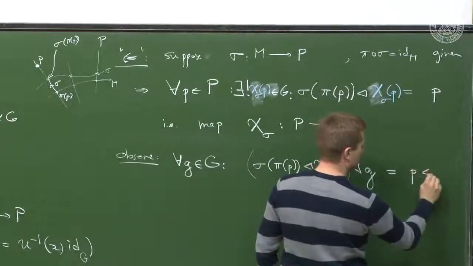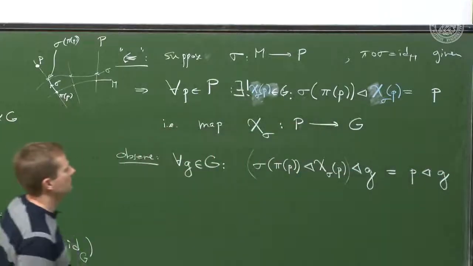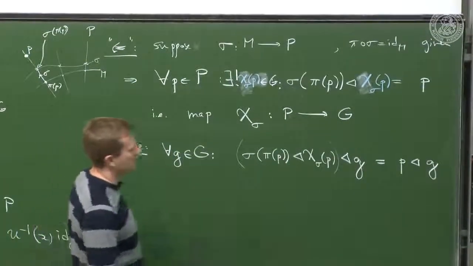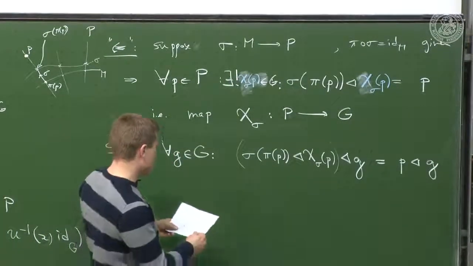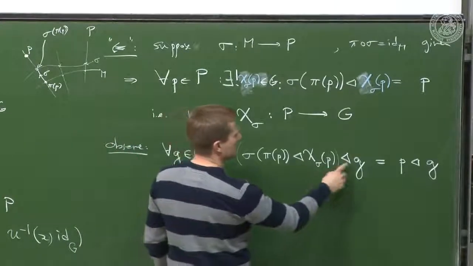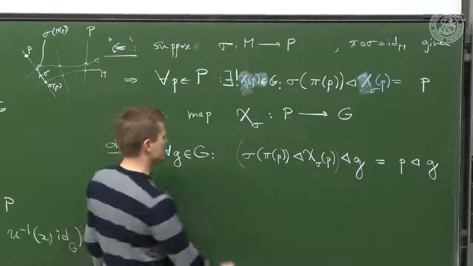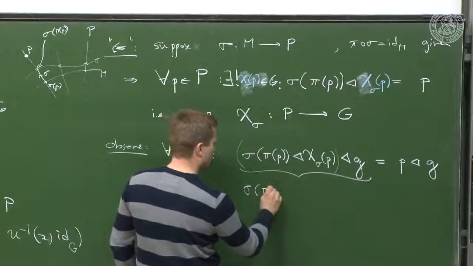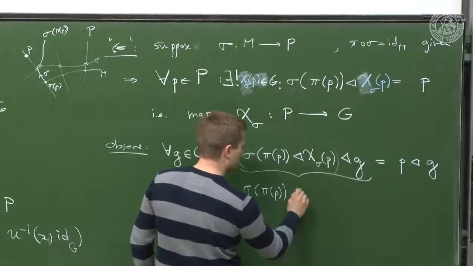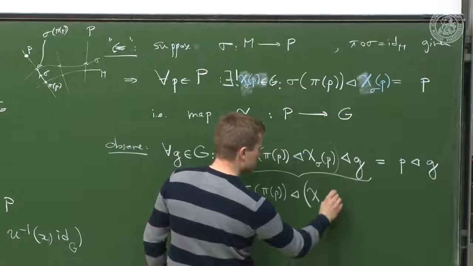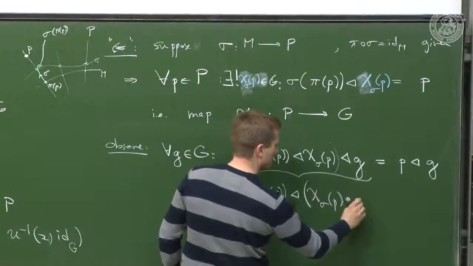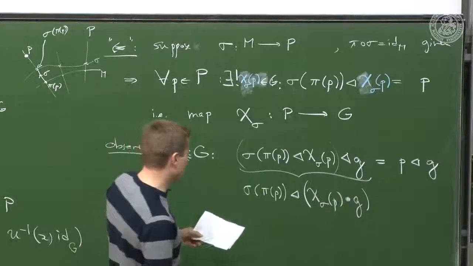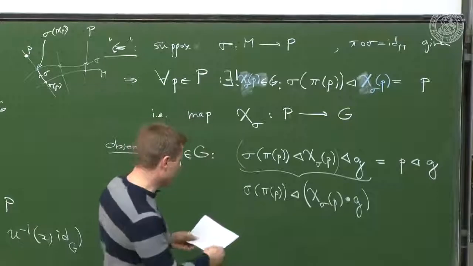Well, then obviously this must be true, because the bracket is P, so that is P acted upon from the right by a G. So now, however, we know that this is a right action. And because this is a right action, we know that this left-hand side is sigma of pi of P acted upon by this group element multiplied with this group element. This is simply by virtue of the triangle here being a right action.